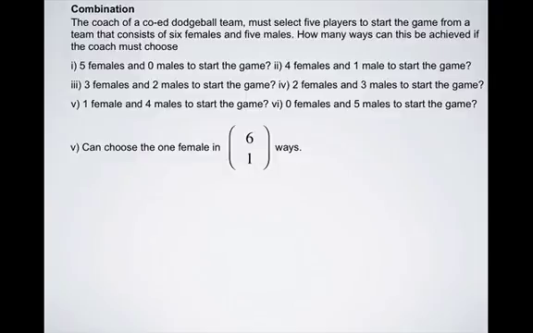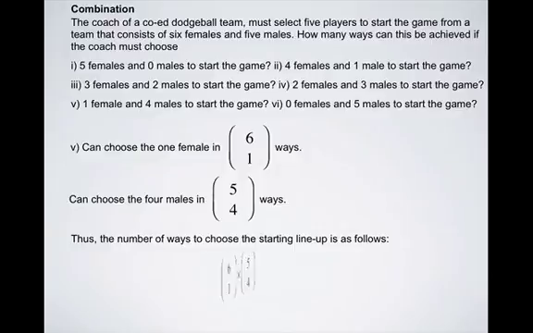Number of ways that we could choose 1 female and 4 males to start the game. You can choose 1 female, 6 choose 1 ways, and this is going to be 6 because you have 6 females to choose from, and there are 6 ways you can pick one of them. You can choose the 4 males in 5 choose 4 ways.